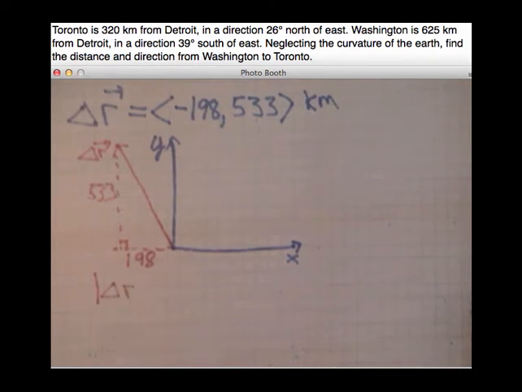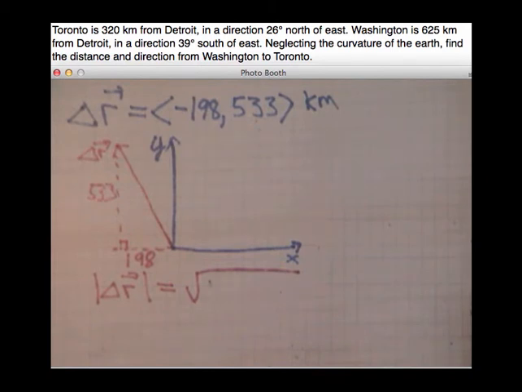So I can write that the length of this vector delta r, or its absolute value, I can just use the Pythagorean theorem, and that length is given by the square root of the sum of the squares of the two legs.